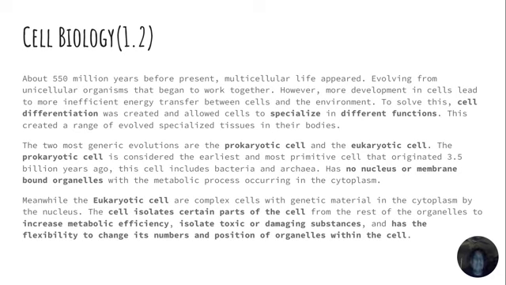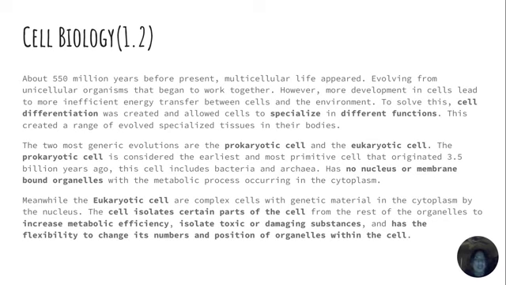The two most generic evolutions of cellular life are the prokaryotic cell and the eukaryotic cell. The prokaryotic cell is considered the earliest and most primitive cell that originated 3.5 billion years ago. This cell includes bacteria and archaea. The prokaryotic cell has no nucleus or membrane-bound organelles, with the metabolic process occurring in the cytoplasm.